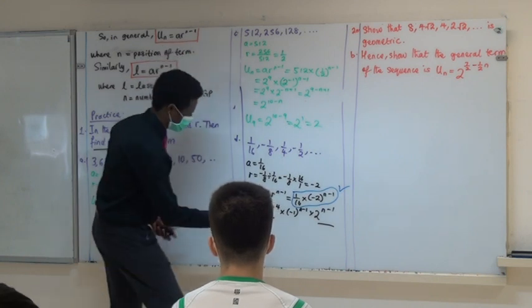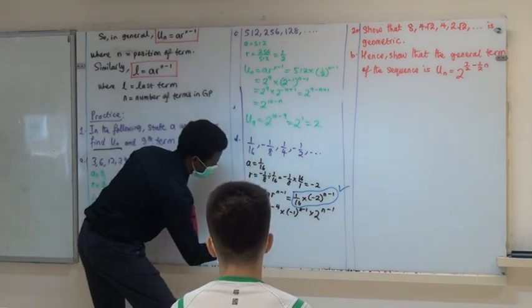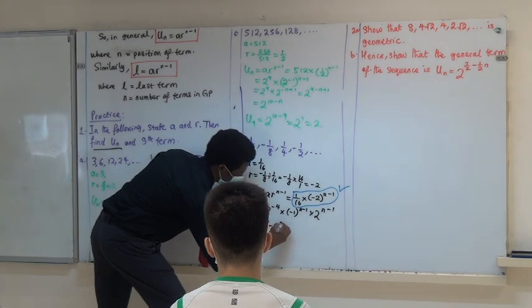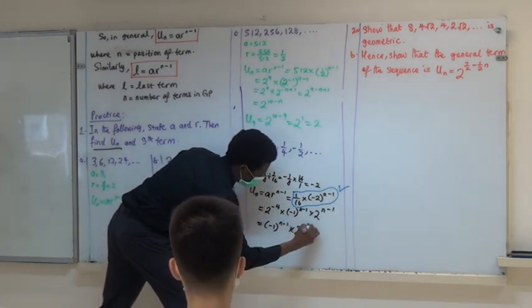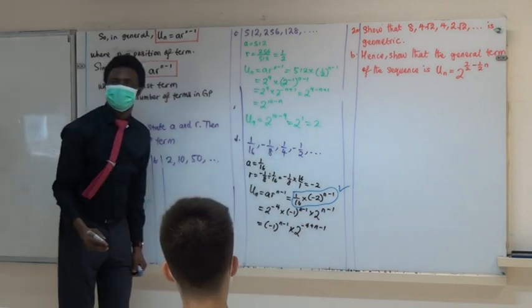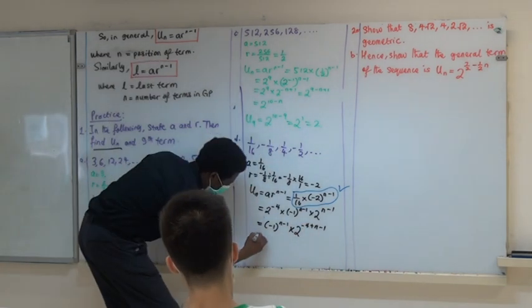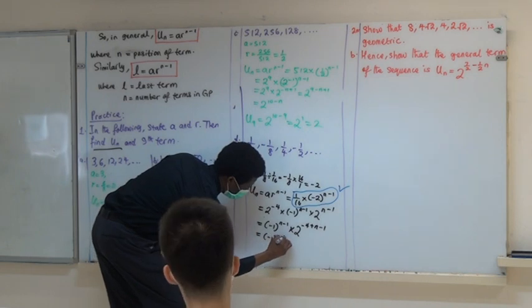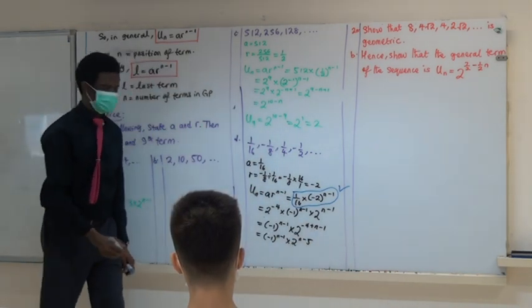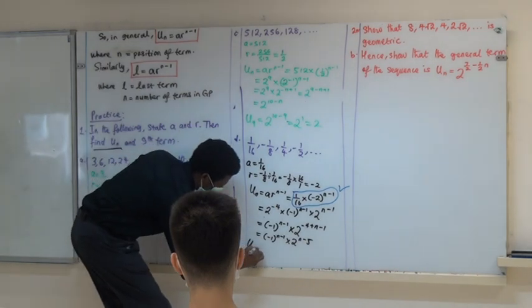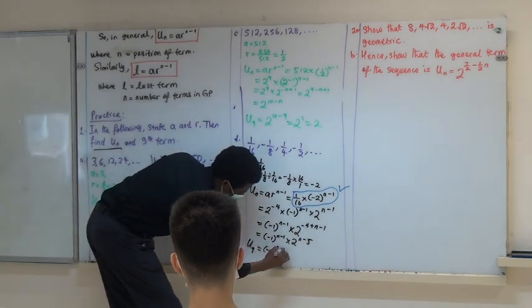So let's simplify that. So we're going to have negative 1 to the n minus 1 times 2 to the power negative 4 plus n minus 1. Can you see that? So my last Un could be negative 1 to the n minus 1 times 2 to the power n minus 5. So if I use this, my U9 will be negative 1 to the 9 minus 1.